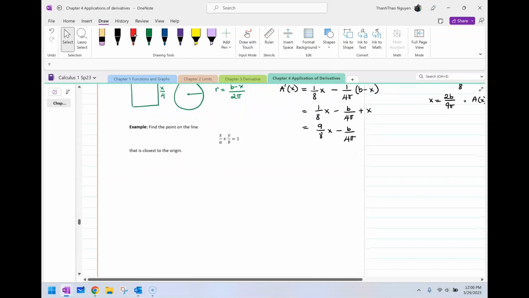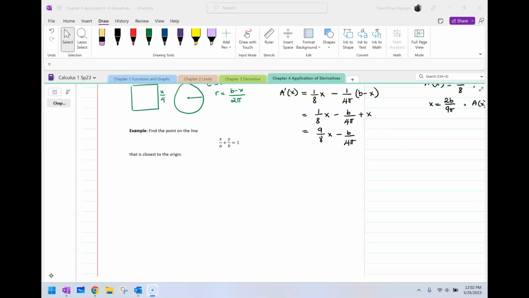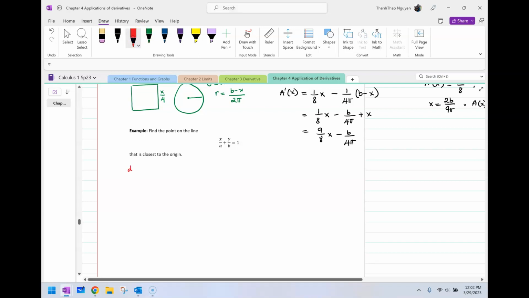Now we can also use optimization to find the point on the line. If we want to find the point on the line that is closest to the origin, first recall the distance formula.